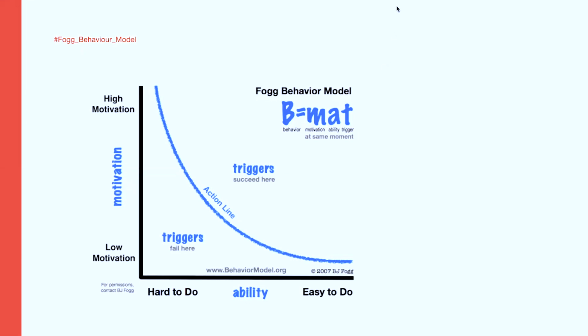For example, you will not want to complete a form of 30 fields just to get a pen. That's ridiculous. But you might be willing to spend 1 hour filling out a survey if you have a chance at winning a free MacBook Pro. So this is how motivation affects the ability to do something.